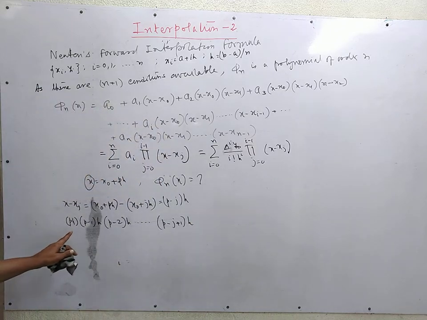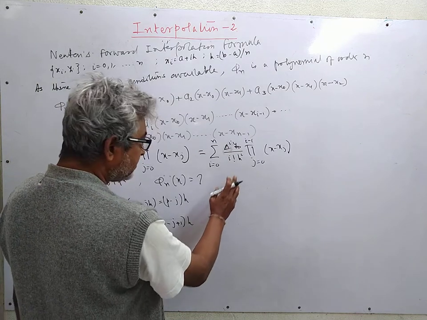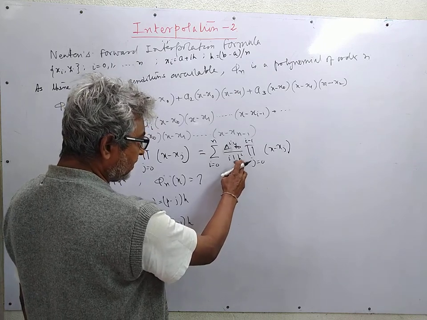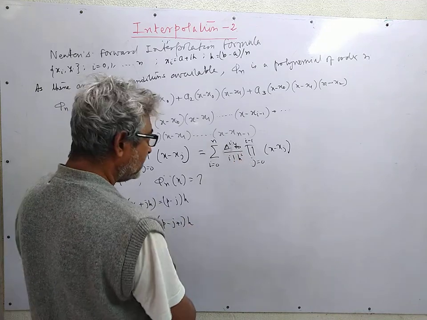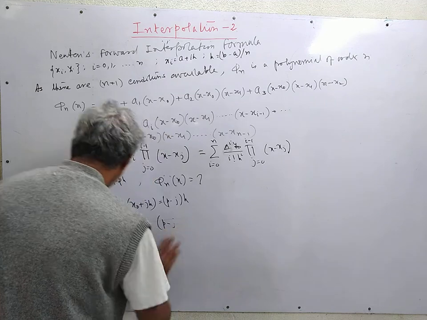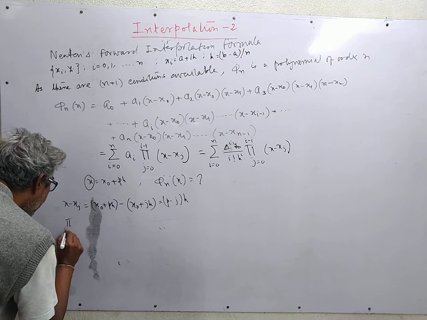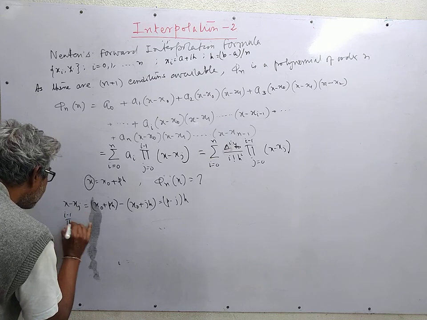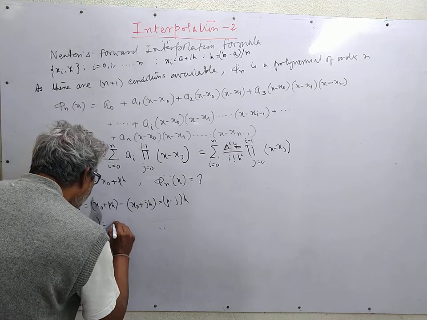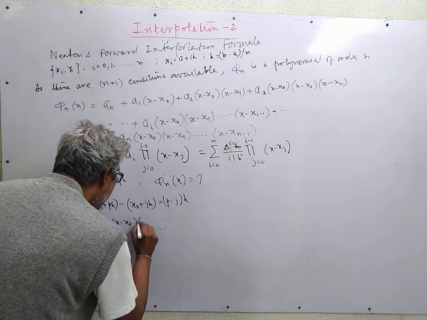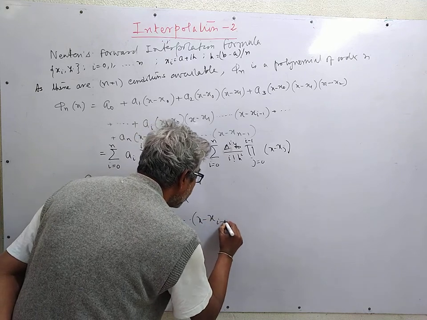No, let me correct it. The product over j is equal to 0 to i minus 1 of x minus xj is x minus x0, x minus x1, right up to x minus x i minus 1.